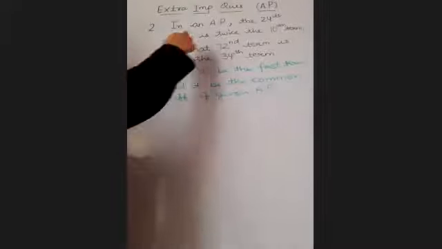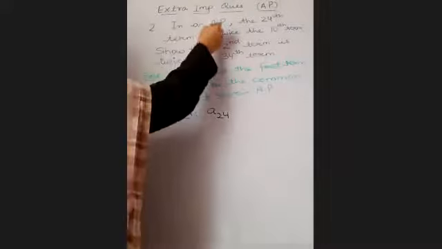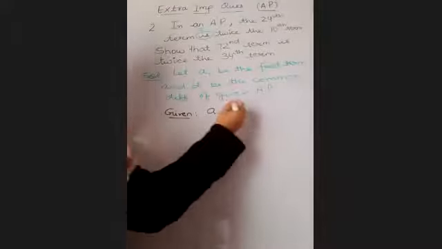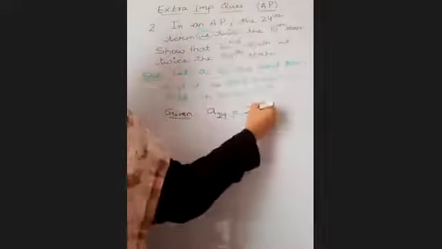Now we have defined A1 and D. What is given in the question? It says 24th term is twice the 10th term. So A24 is equal to twice the 10th term, A10.